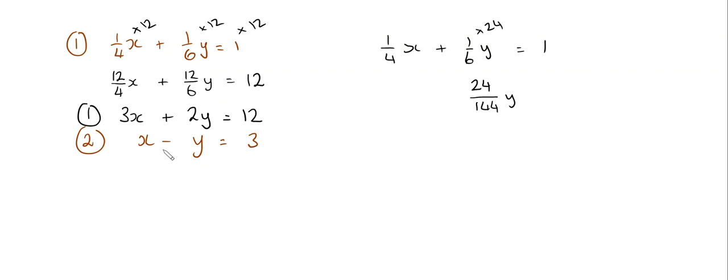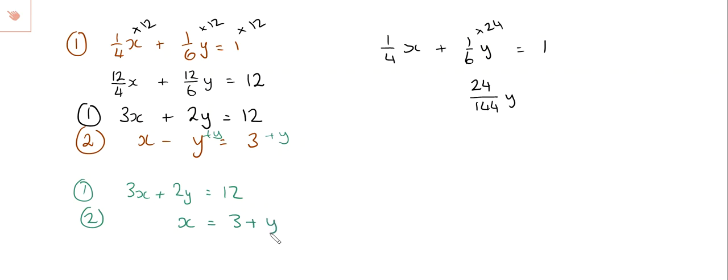So if I'm going to use substitution, I'm going to look at this one because it's already x and y. I'm going to add y to both sides. So number 1 is now 3x plus 2y equals 12. But number 2 is now x equals 3 plus y. That goes into there.